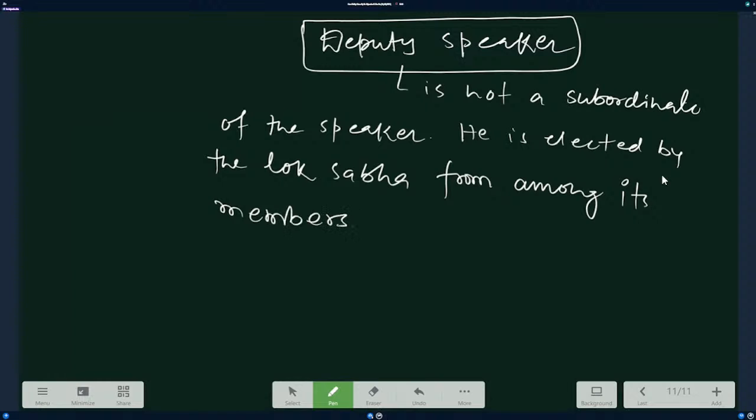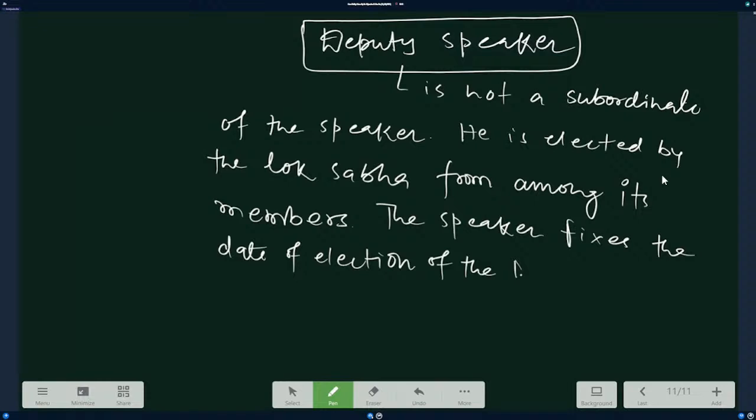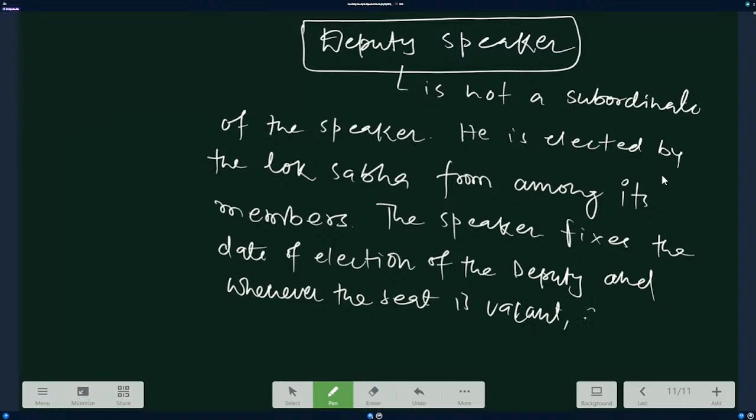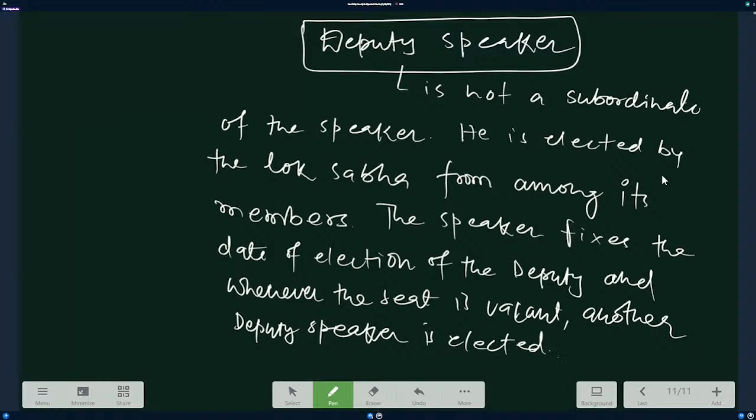Who fixes the date of his election, the President or the Speaker? The Speaker fixes the date of election of the deputy speaker, and whenever the seat is vacant, another deputy speaker is elected.